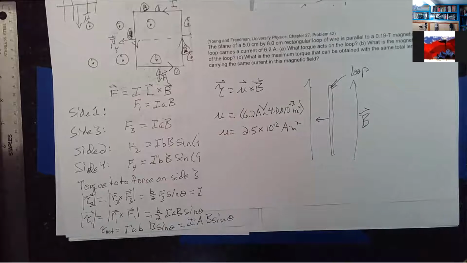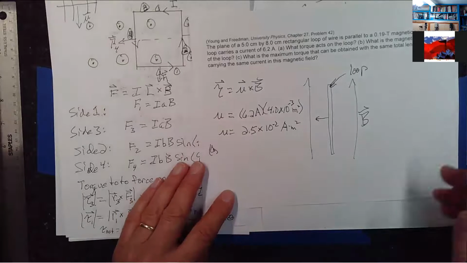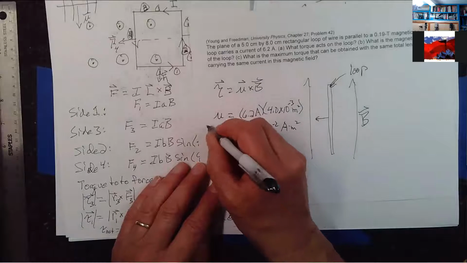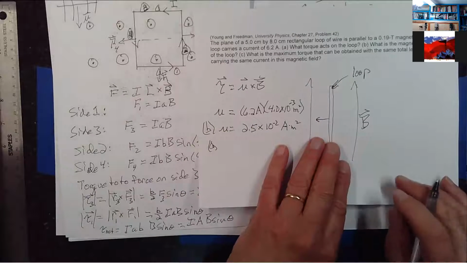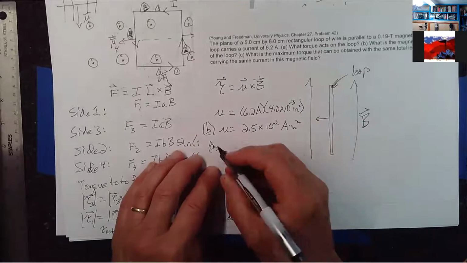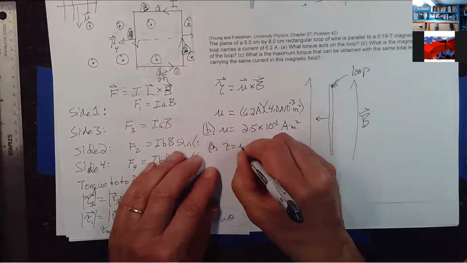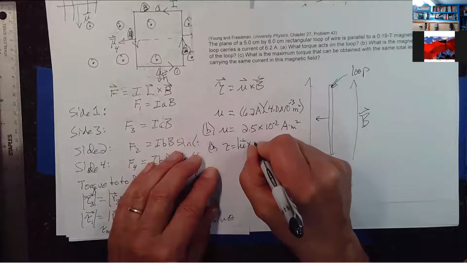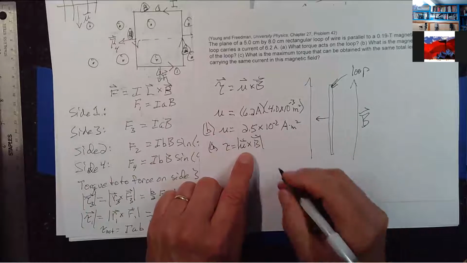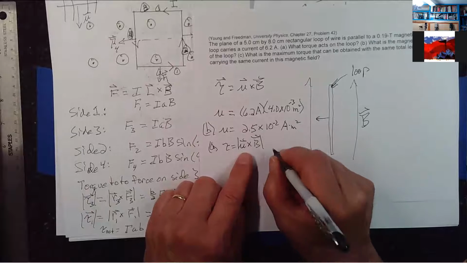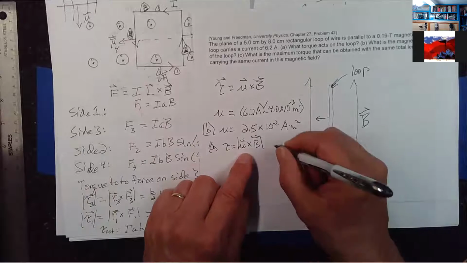Okay, the torque acting on the loop then is, oh, we already figured out the magnetic moment of the loop, so that was B. I wonder why they asked in that order, but the torque will equal the magnitude of mu cross B, which, because they're perpendicular to each other, it'll be mu times B times the sine of the angle between them, which is 90 degrees in this case.